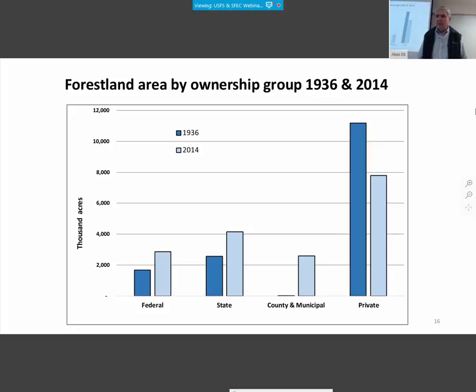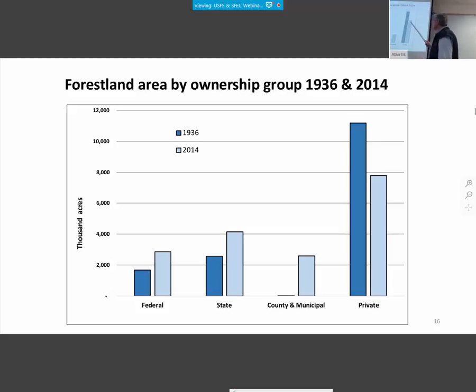If we look by ownership, many are familiar with that, but the area of public ownership has increased quite a bit since those early days. The national forests have grown by picking up additional acreage. The state acreage has grown. County was essentially zero ownership, and today it's several million.